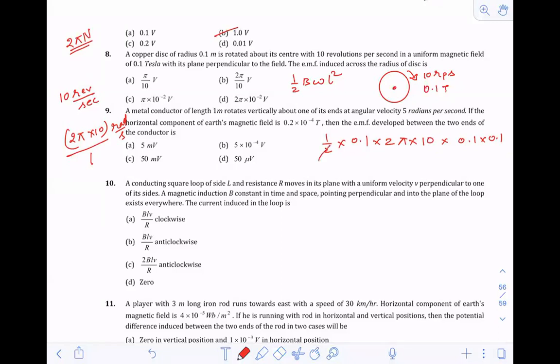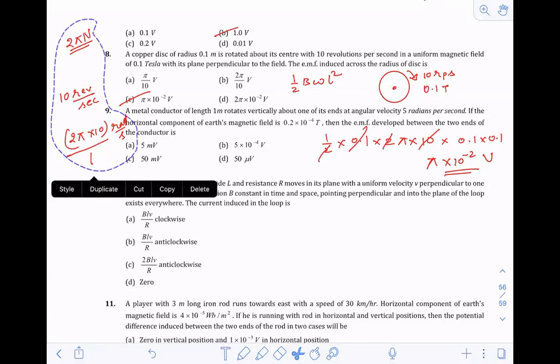So 2 and 2 get cancelled. Then I'm having 1, 2, 3. So 1 I can cancel with this. So I'm having pi into 10 to the power minus 2 volt. Option C is correct. For question number 9, option C is correct. Is it okay?